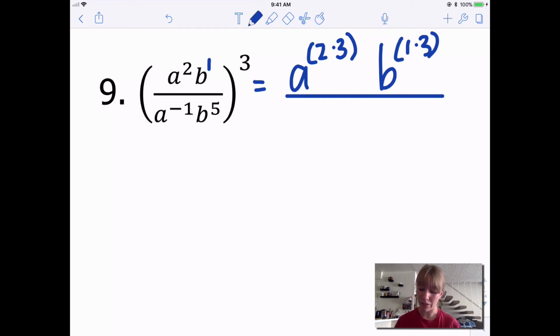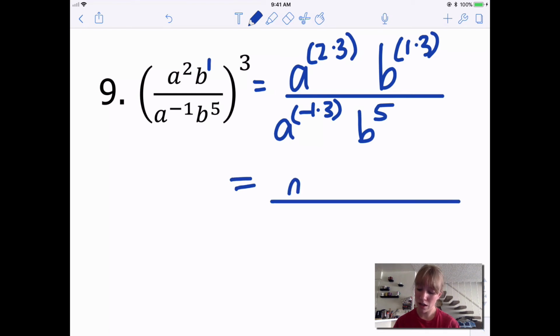In the denominator, I have a to the negative 1 times 3, b to the 5th. In the numerator, I have a to the 6th, b to the 3rd. In the denominator, I have a to the negative 3rd, b to the 5th.